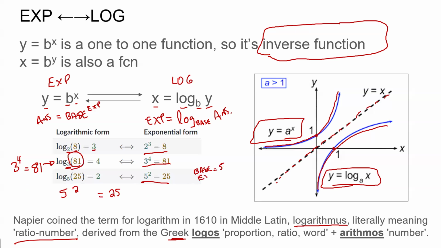My exponent equals 2, and the answer equals 25. So when I go back from exponential form to logarithmic form, I need to say I've got the log base 5 logarithm of this number, 25, equals 2.